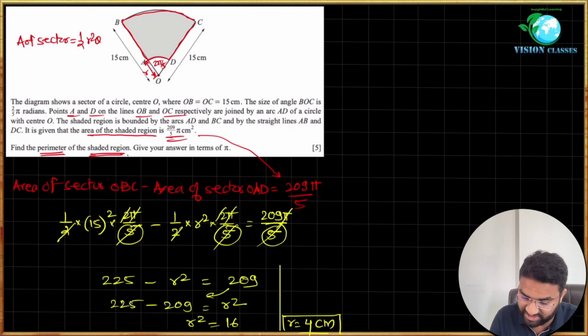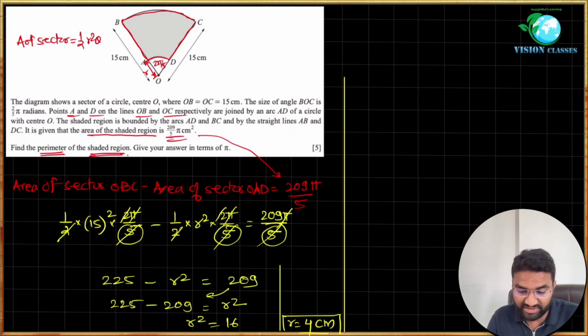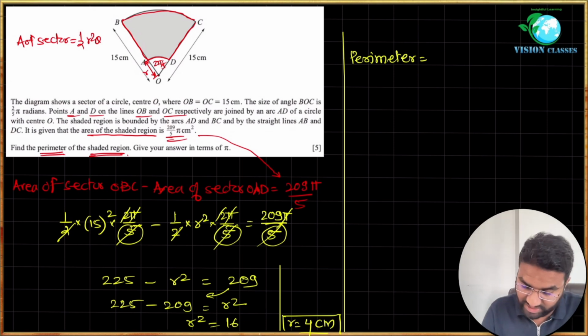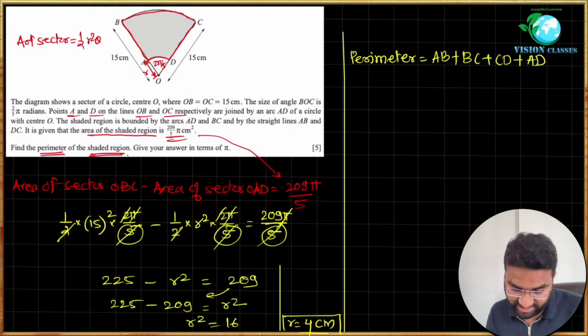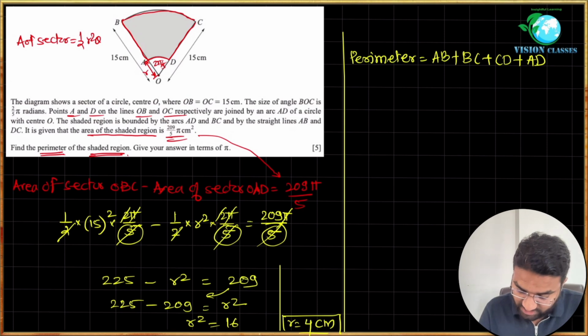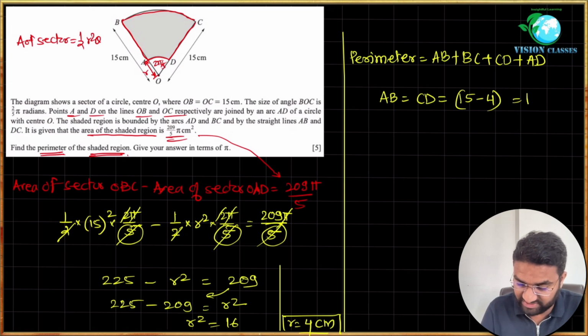Once we have r, that's enough to solve the perimeter. The perimeter is equal to AB plus BC plus CD plus DA, or AD. AD is just an arc. AB is equal to CD, which is 15 minus 4, which is 11.